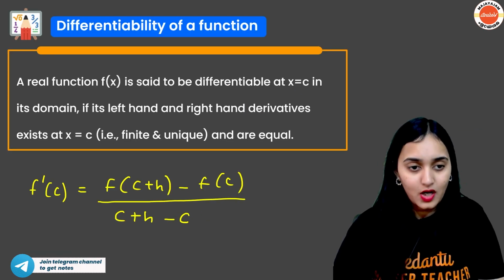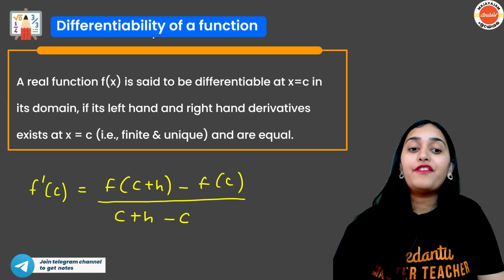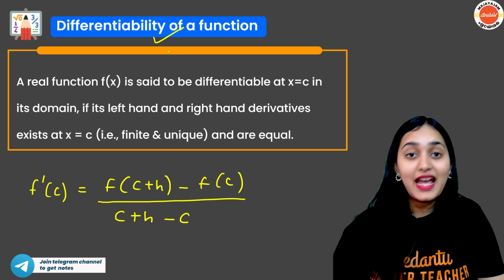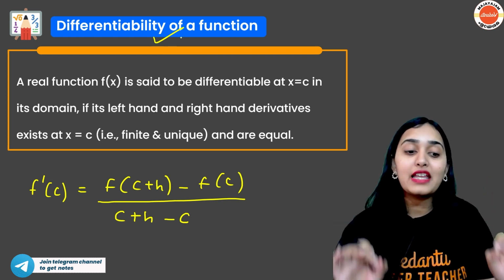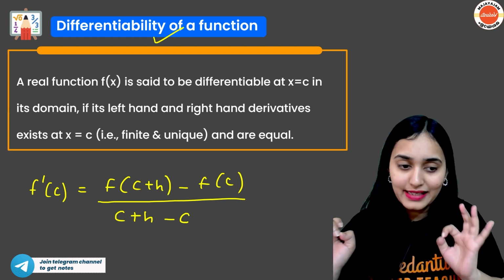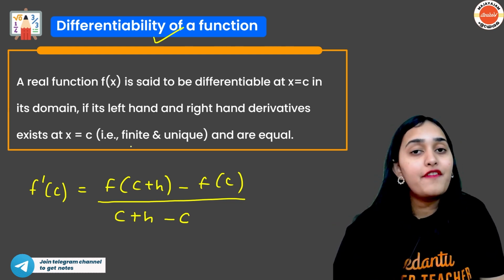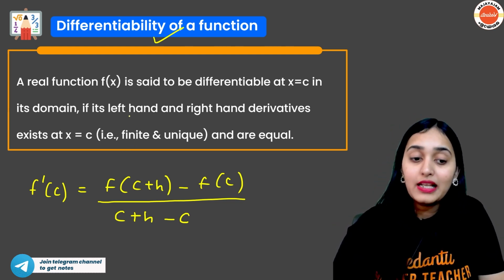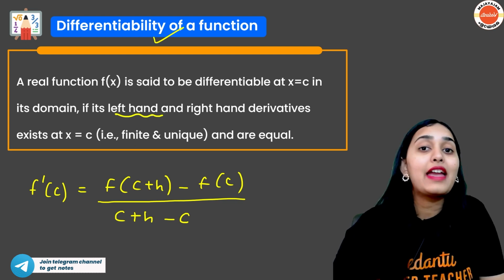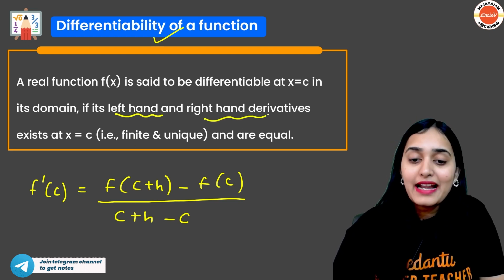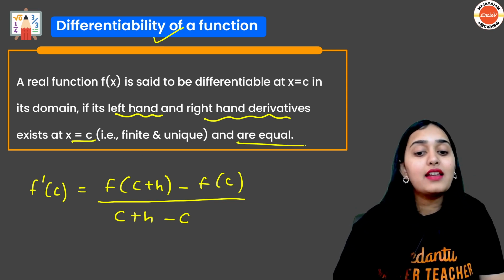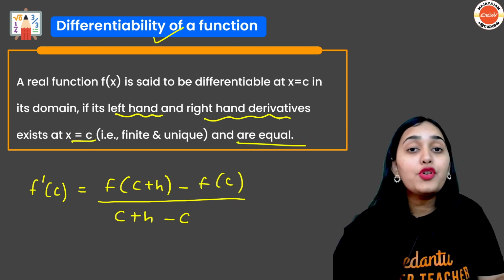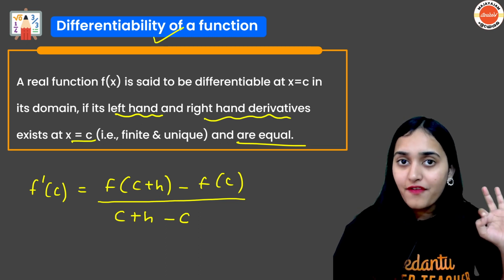Okay. Alright. Next is differentiability of a function. Now, when do we say that a given graph is differentiable? Basically, a graph or a function is differentiable if the left hand derivative and the right hand derivative exist at point c and are equal to each other. Now, how do you find the derivative of a function?